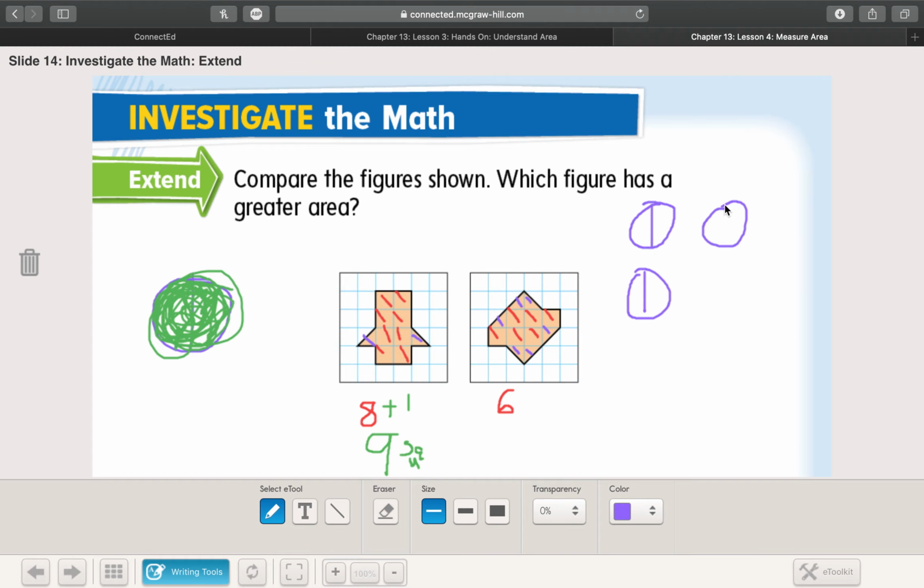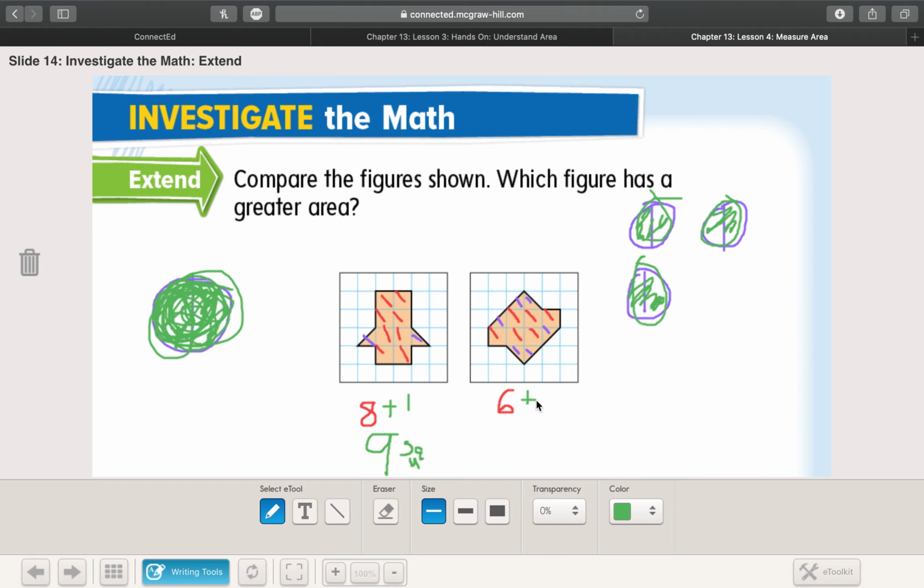Watch. I just made 6 halves, if you're paying attention. 1, 2, 3, 4, 5, 6. I colored in 6 halves. 6 halves equals 1, 2, 3 holes.